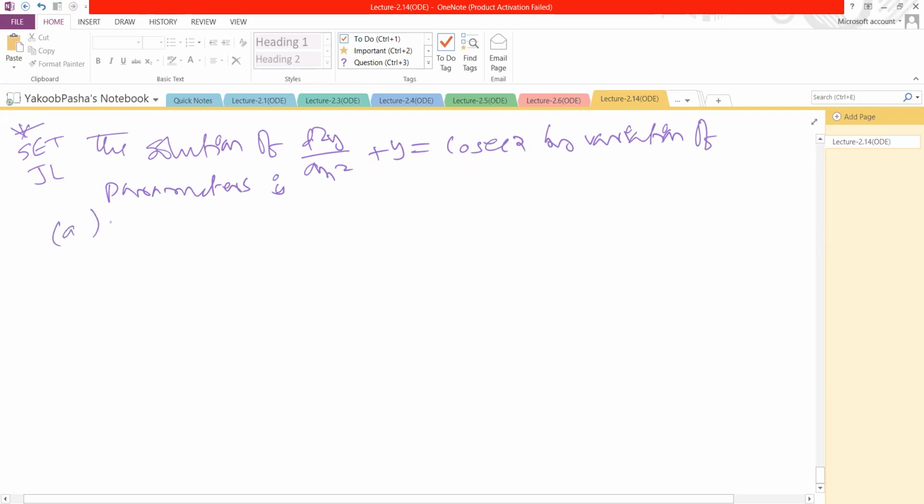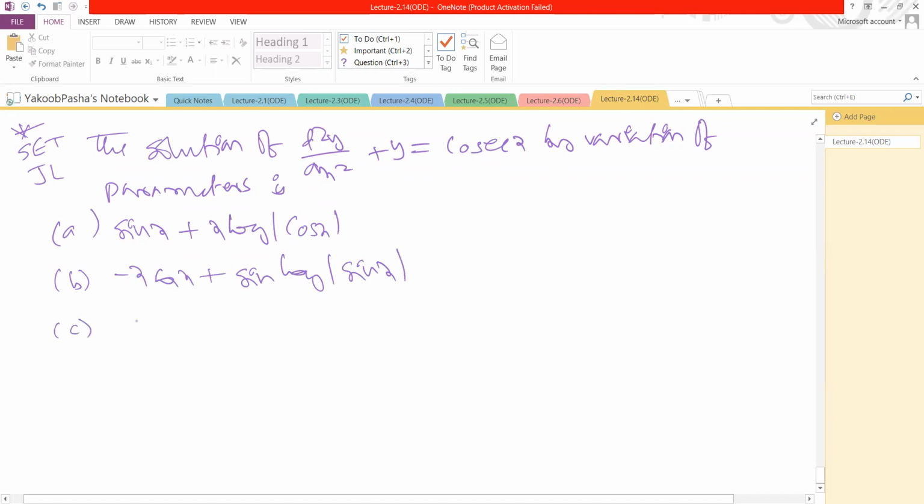Option A is sin x plus x into log modulus of cos x. And option B, minus x into cos x plus sin x log of modulus of sin x.